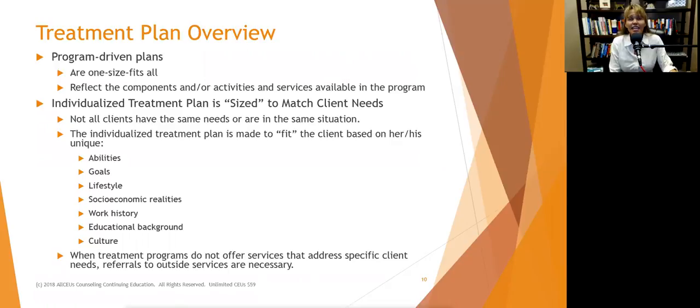Individualized plans are sized to match client needs. Not all clients have the same needs or are in the same situation, so we need to figure out what their needs are. The individualized plan is made to fit the client based on his or her unique abilities, goals, lifestyle, socioeconomic realities, work history, educational background, and culture.